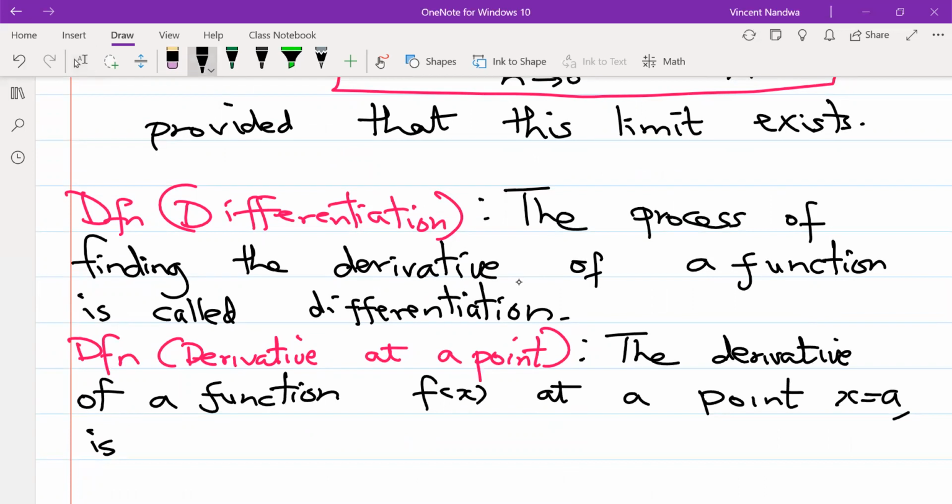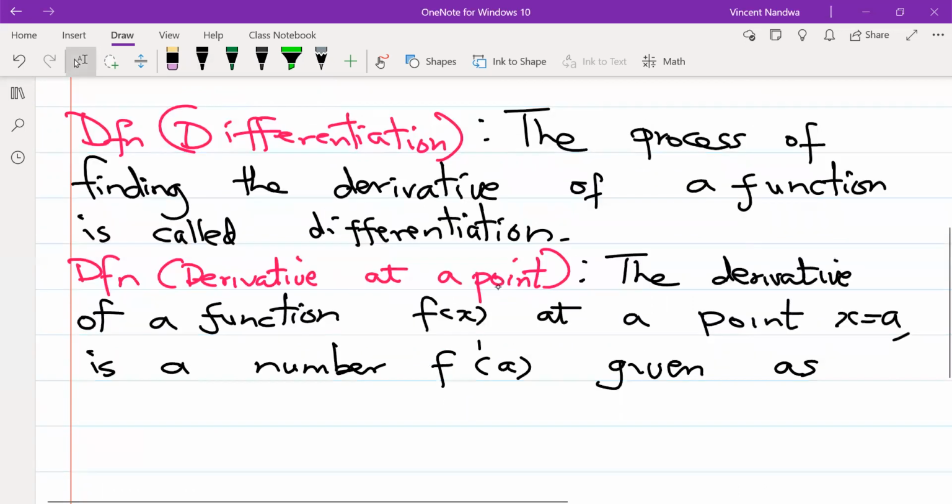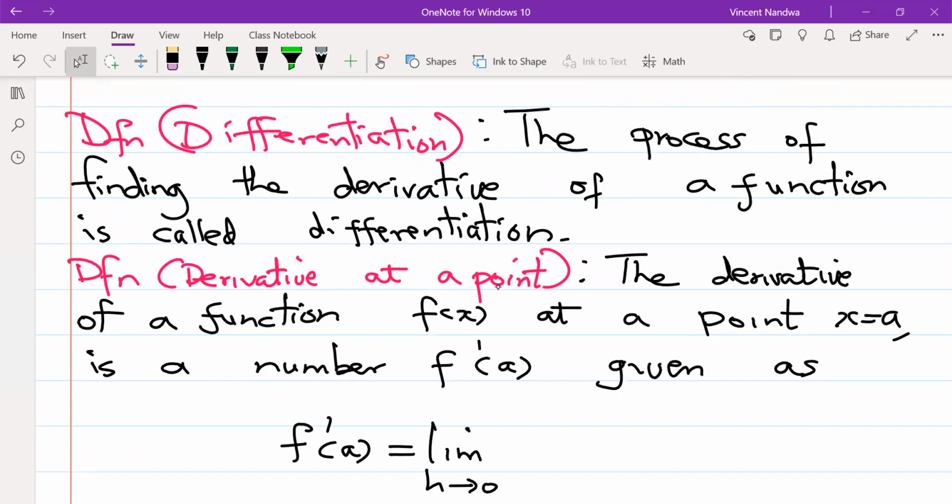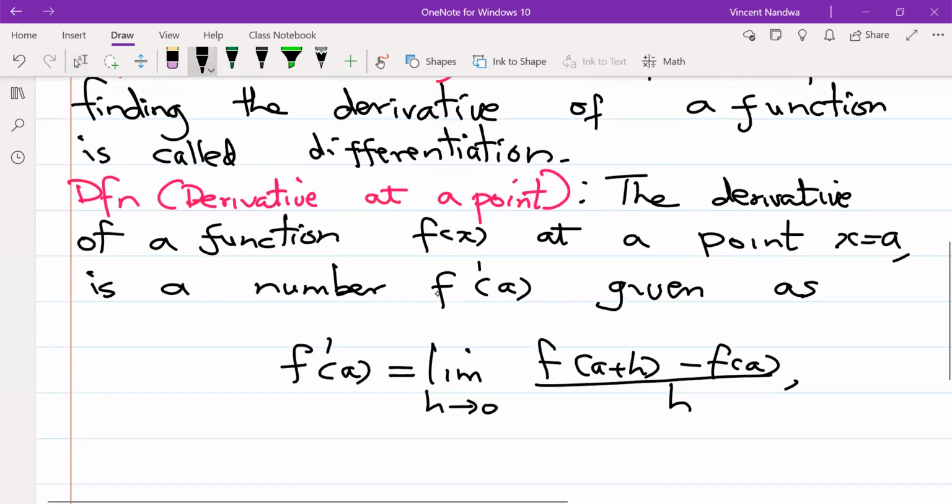Oh, it's a number. f prime at a is given as the limit as h approaches 0 of f of a plus h minus f of a, divided by h, provided that this limit exists.